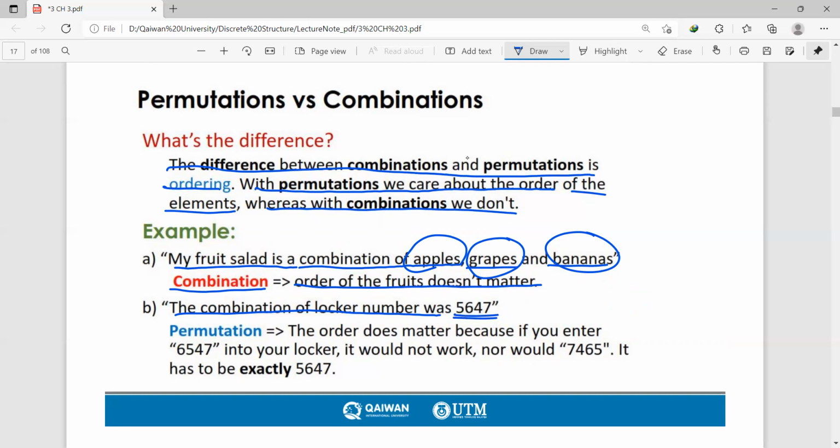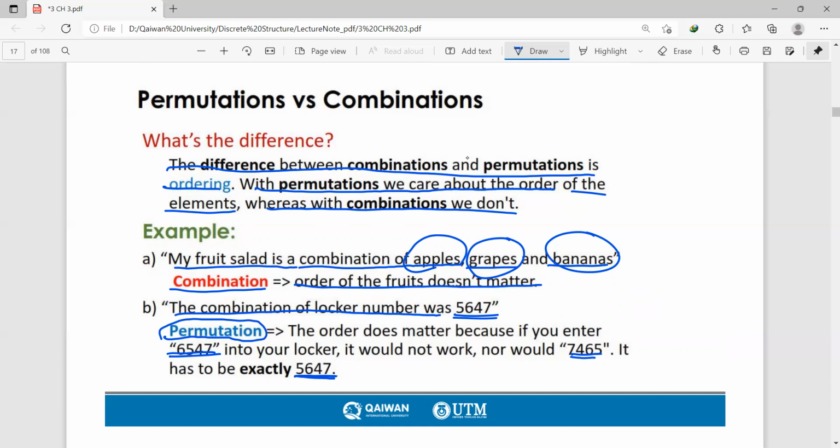Any other order is not acceptable. It must be exactly 5, 6, 4, 7 for this local number. And here we use permutation.